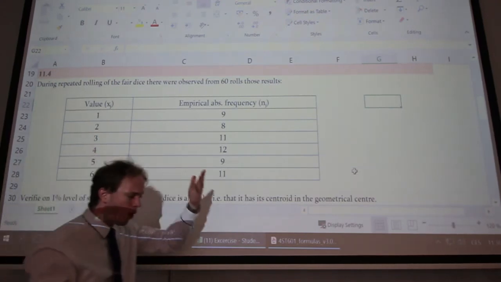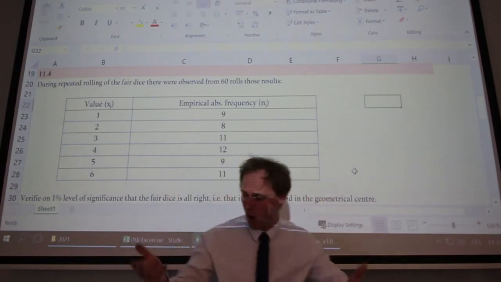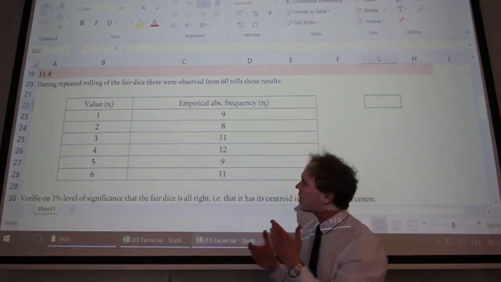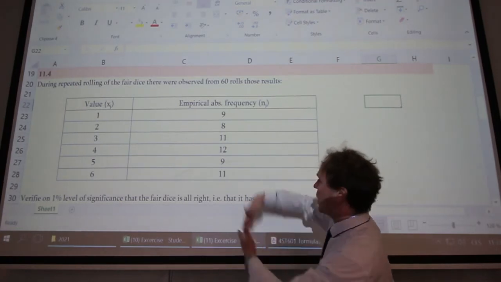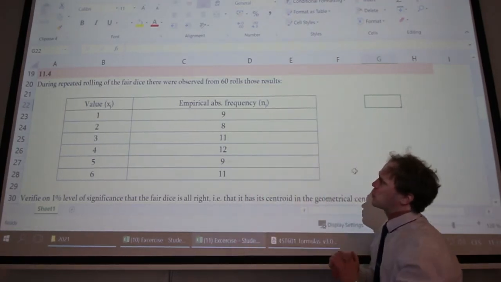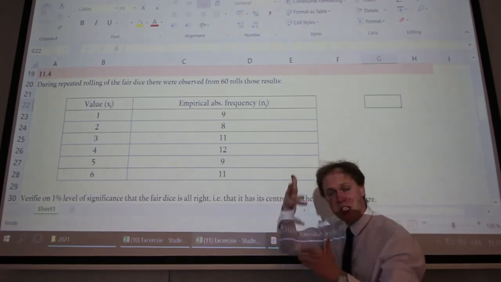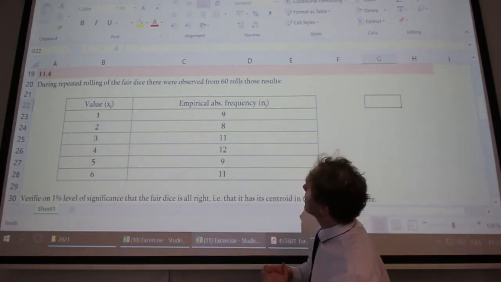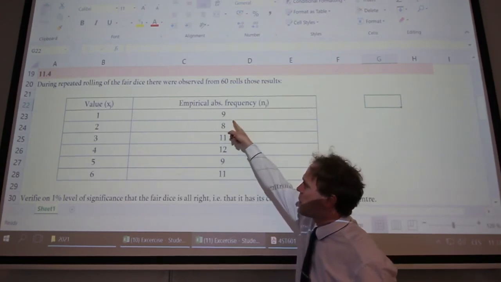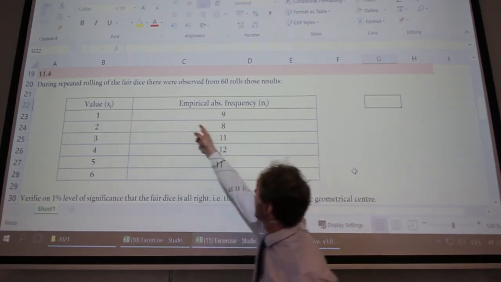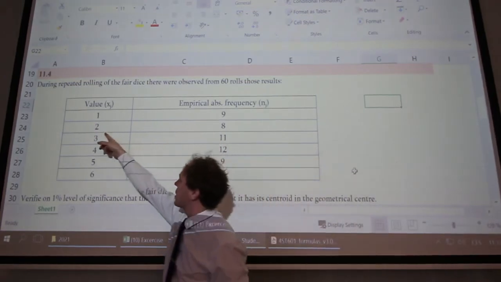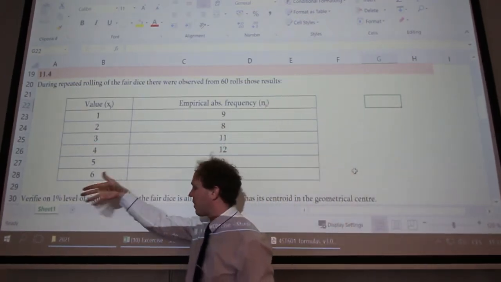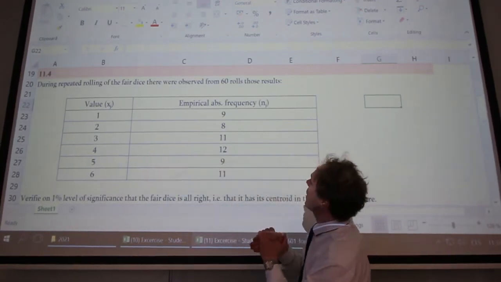We performed 60 rolls in total, and we have here the empirical absolute frequencies, observed on the dice. 9 times we observed value 1, 8 times we observed value 2, etc. 11 times we observed value 6.